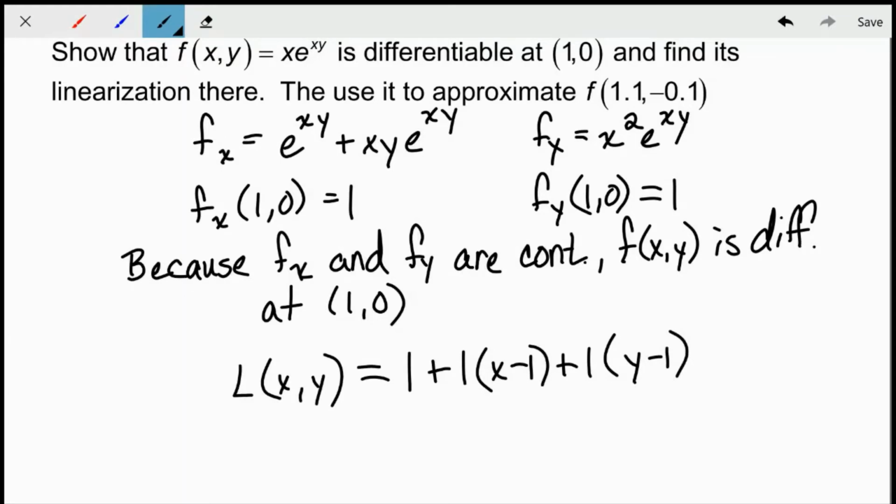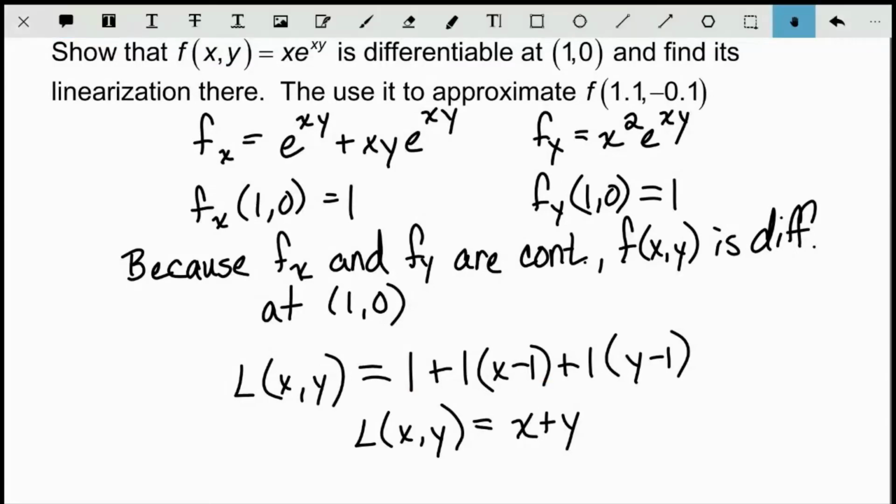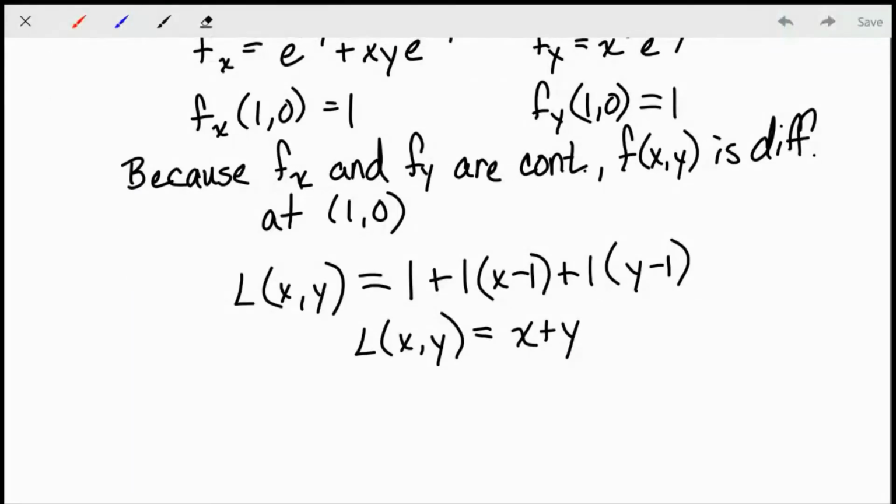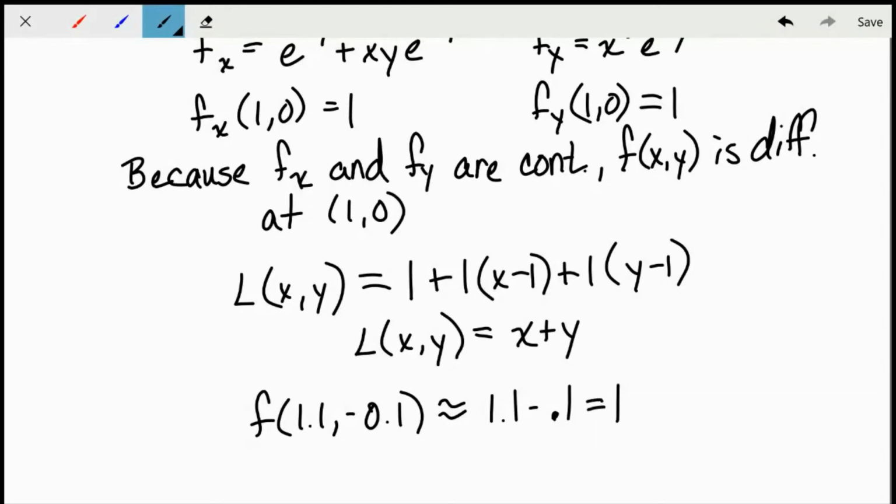In the end, I can simplify that down to x plus y, because we had the 1 here and we're going to get a negative 1 out of that, so those just cancel out. And so if I want to approximate f of (1.1, -0.1), it's going to be approximately x plus y, which would just be 1.1 minus 0.1, so approximately 1.